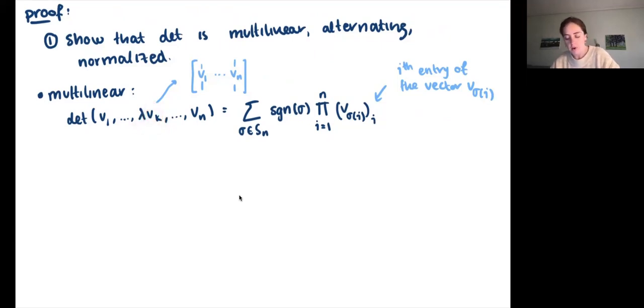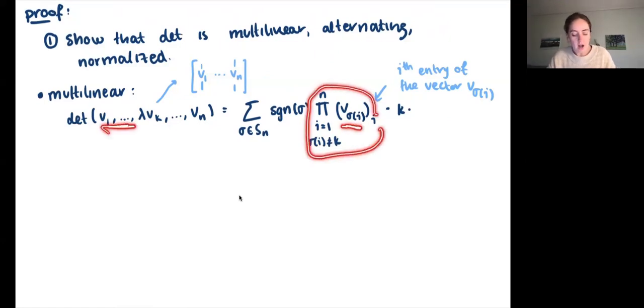So this product is for all i's such that sigma of i is not equal to k, so what is represented in this product is all of the vectors other than v_k.